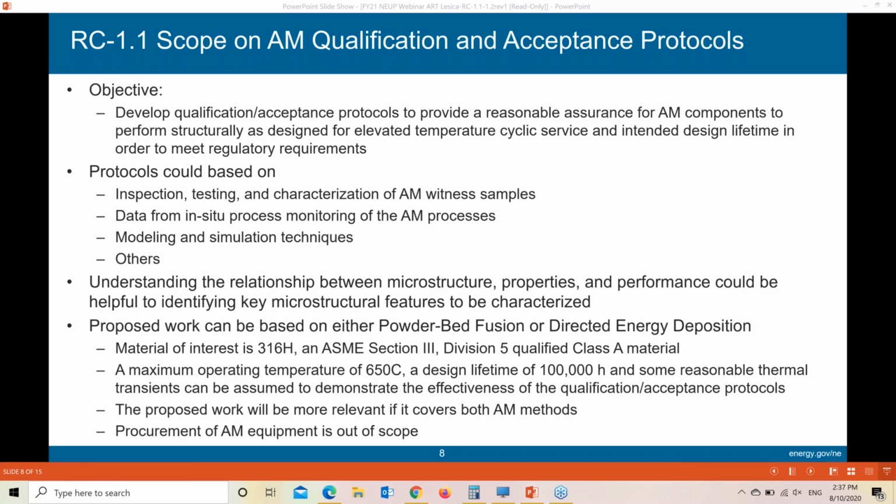I don't know what the state of the art is. It could be as printed, or it could be under some heat treatment. So I will just leave that with the standard state of the art practice in the additive space.